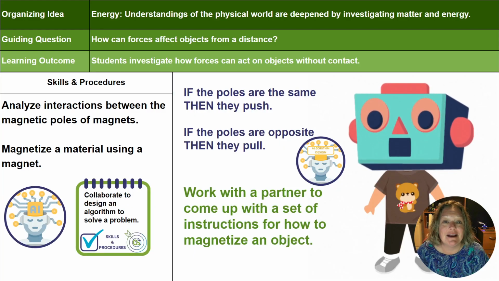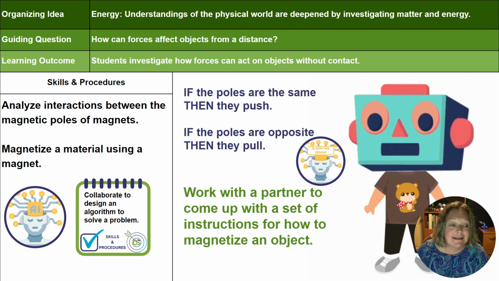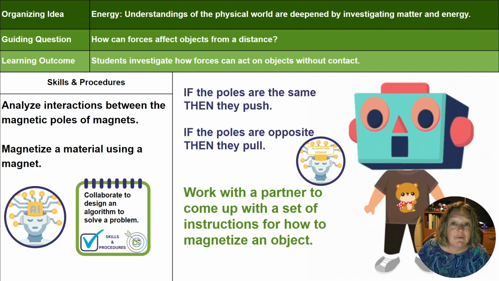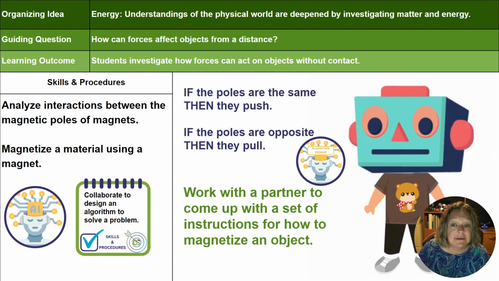Asking students to analyze interactions, and here also to magnetize a material, which is going to be a pretty basic, straightforward procedure. So we'll start with analyzing interactions. We can ask students to do some algorithm design when we're doing this. We can do if-then statements, and this isn't a complicated concept, so we can extend understanding of magnetic poles by putting in these algorithms.